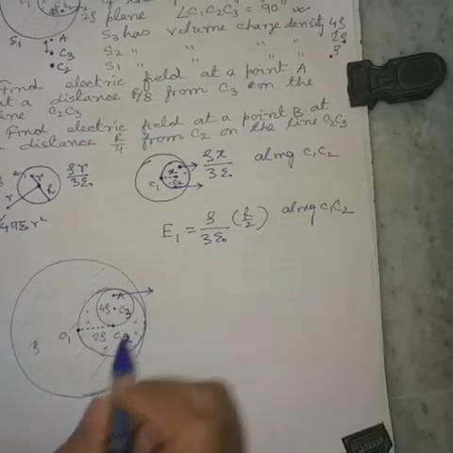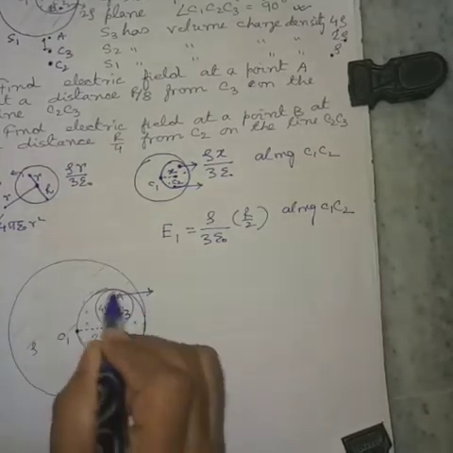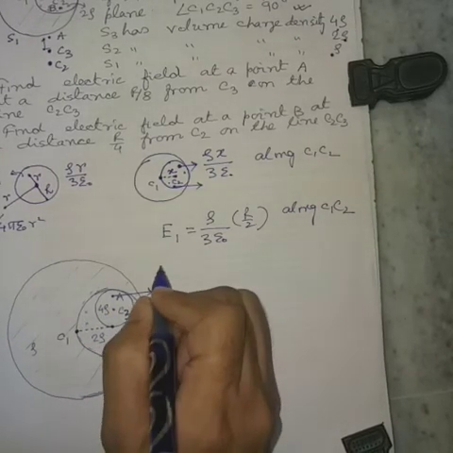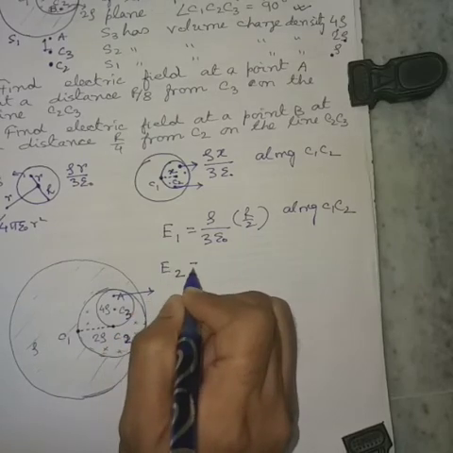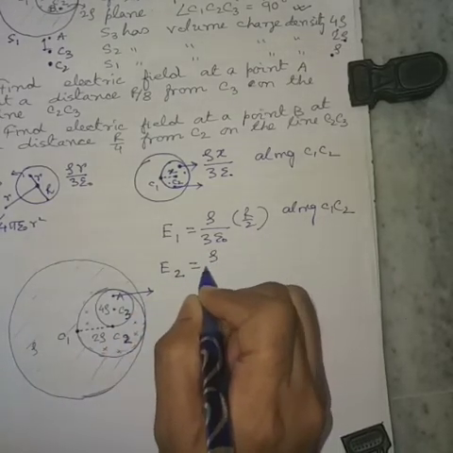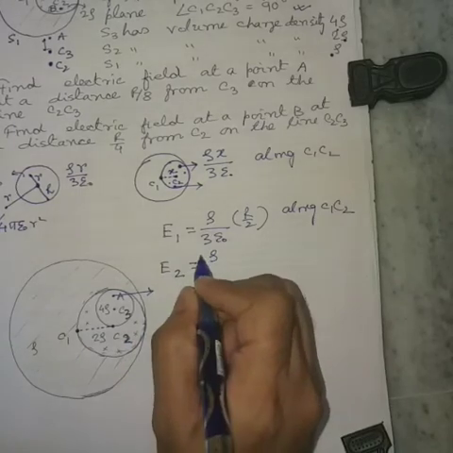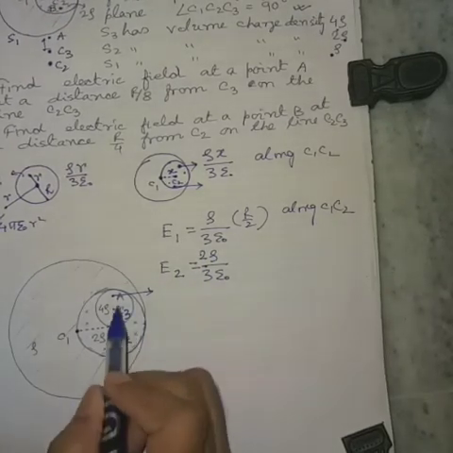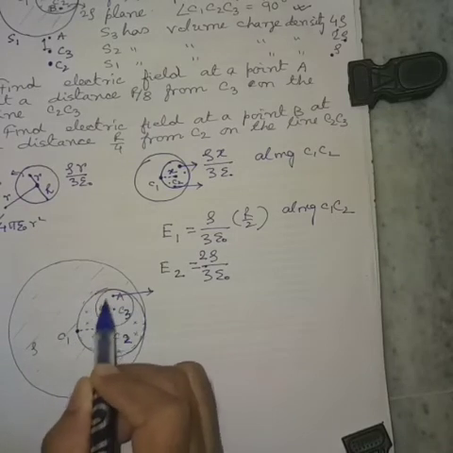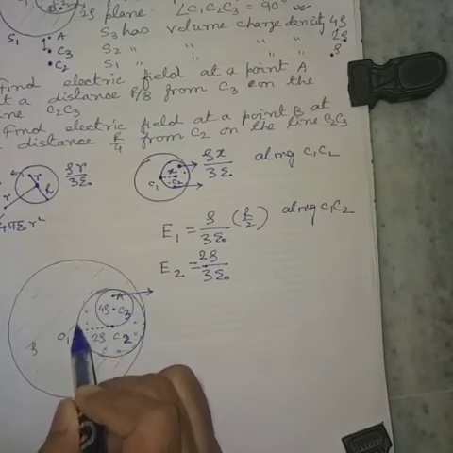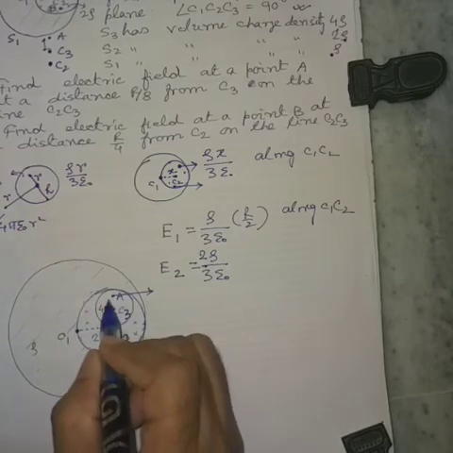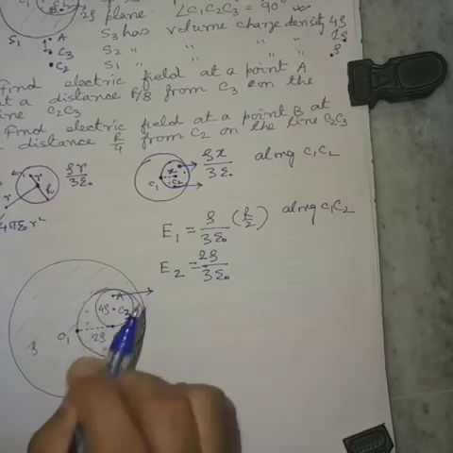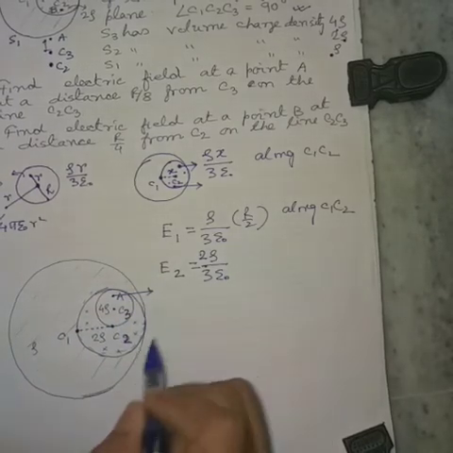Now electric field due to the sphere S2, that is the sphere having volume charge density 2 rho, will be E2 is equal to, the volume charge density is 2 rho here, 2 rho by 3 epsilon naught. Now you can think that this sphere has a cavity inside it. If S2 is the original sphere, then S3, this sphere, is the cavity. Now using the formula, you can find out the electric field.